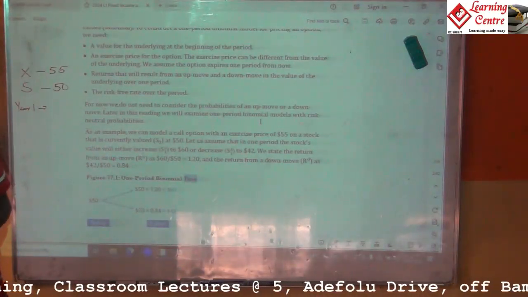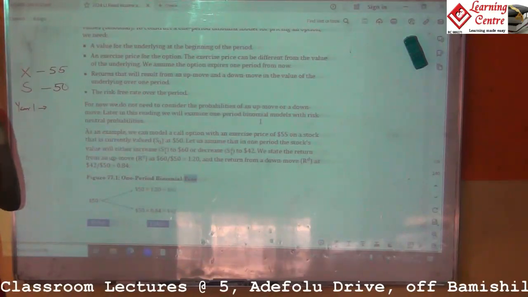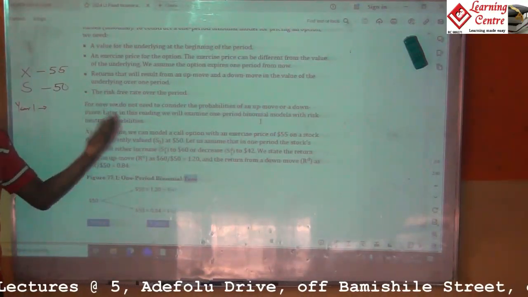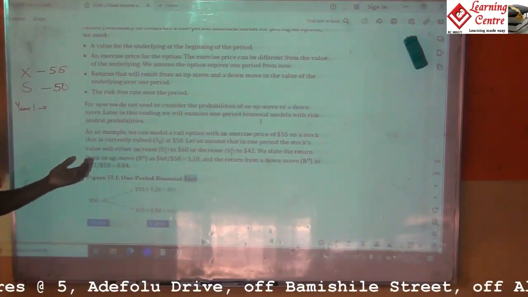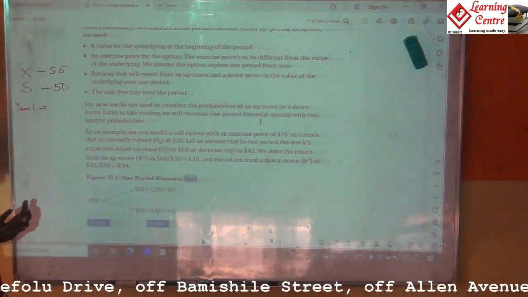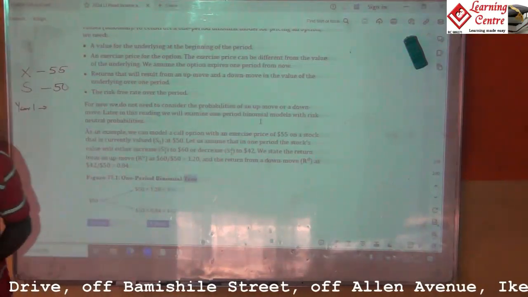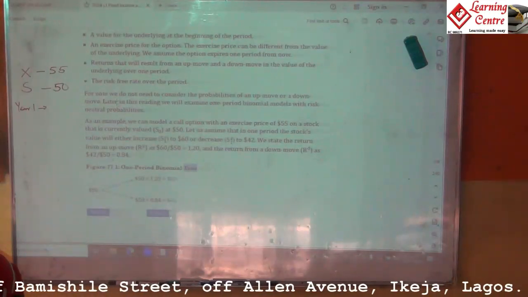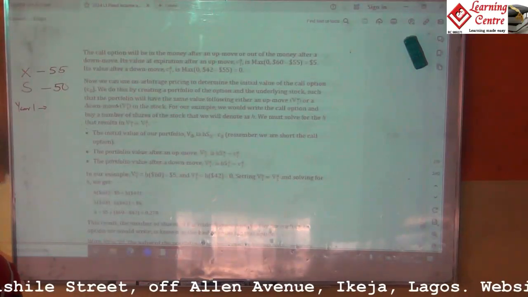That's why we call it decision tree. Decision tree means that A can happen, B can happen. So this binomial model is trying to calculate what are the benefits of each of the decisions. Decision 1 or decision 2.